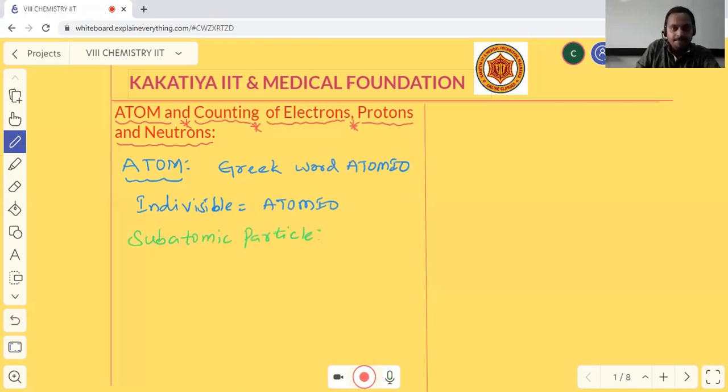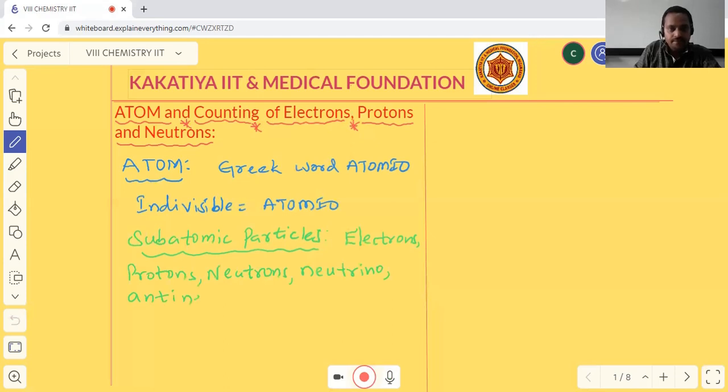They are mainly electrons, protons, neutrons, and others too: neutrino, antineutrino, antiproton, meson, pions, etc. These are the subatomic particles.